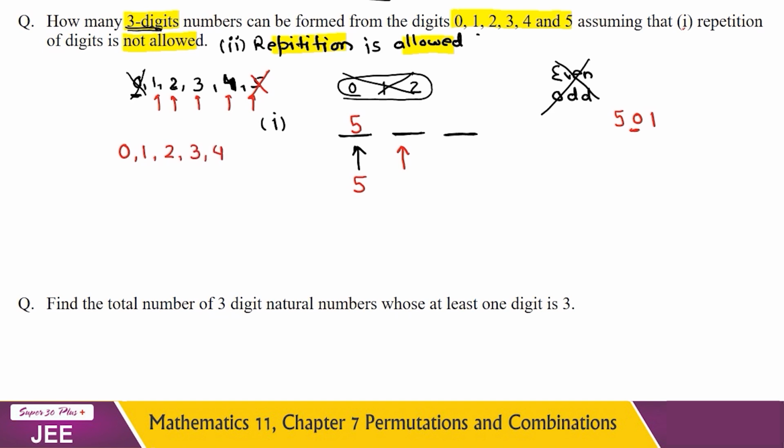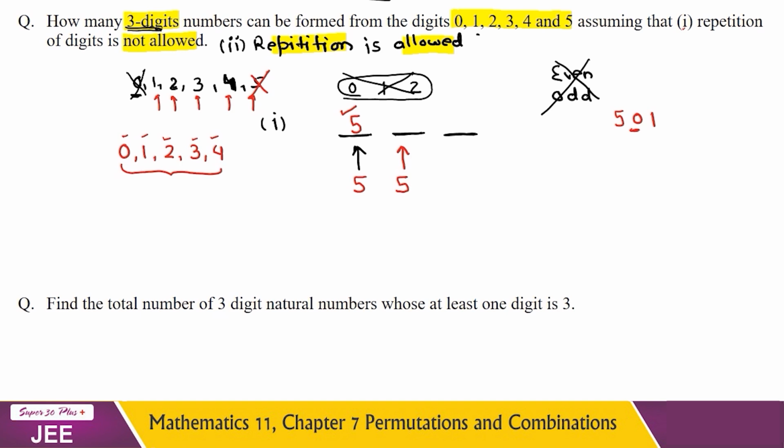But 5 is not allowed because I have taken a particular case in which I have kept 5 at first place. So for filling up the second position, how many options do I have? I have 5 options again. So second place can be filled up in 5 ways.